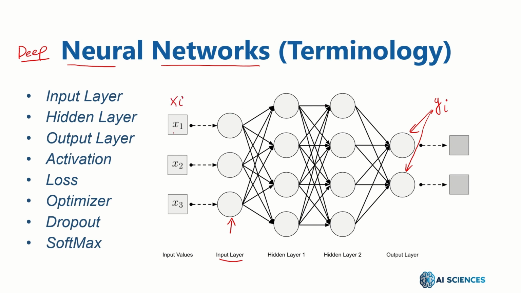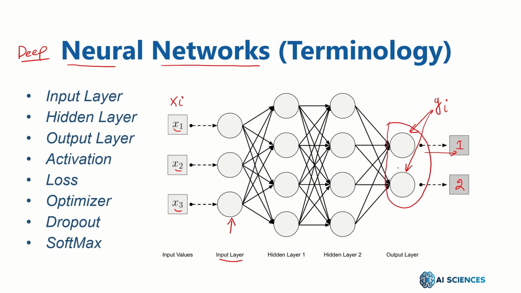This is the first feature of xi, the second feature of xi, the third feature of xi, and that's the label. It is producing two results maybe. Maybe it's a binary classification problem. So we have two output units here, and this particular unit is generating the probability that it belongs to class 1, and this particular unit is producing the probability that it belongs to class 2. So that's the output layer.